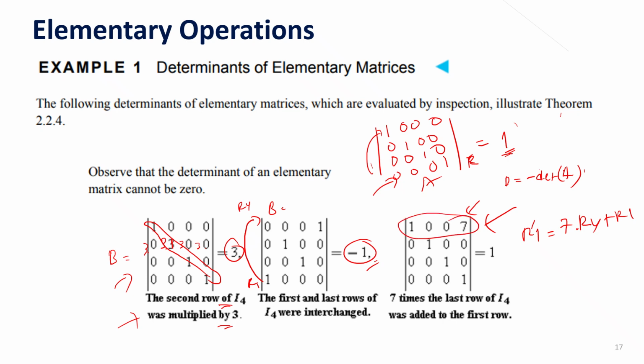In that case, you see that we multiply a row, row 4, and then add it to the first row, which becomes the new row 1. So for this case, the determinant of this new matrix, let's say B, will be equal to the determinant of the original matrix A. So that's how you can use the previous theorem to help you calculate the determinants of elementary matrices.